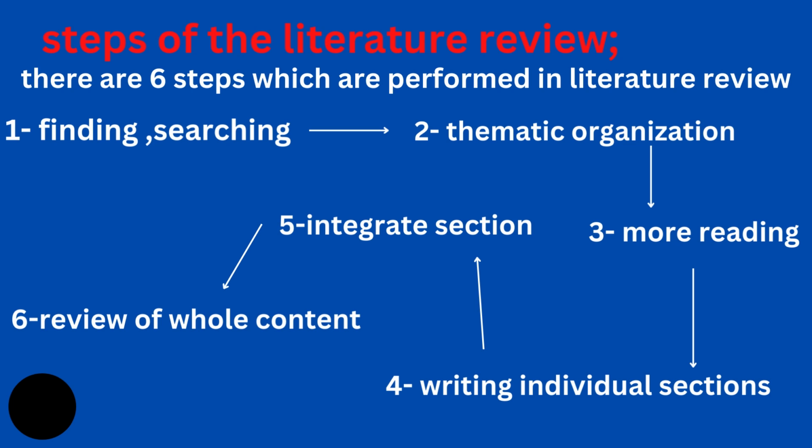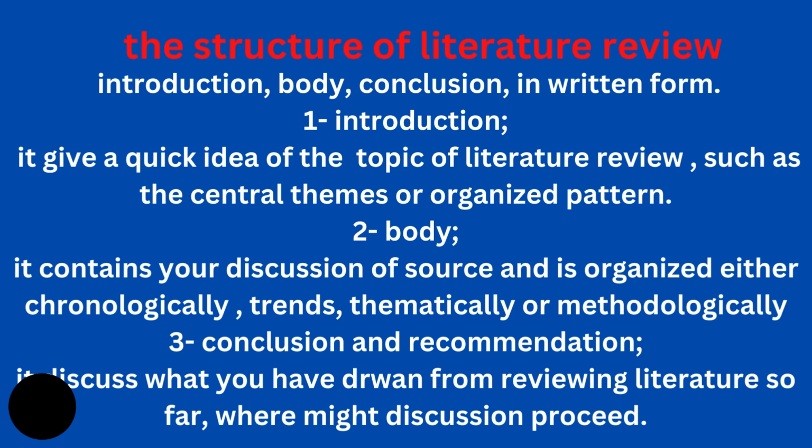The things become the codes, and the codes become the concepts, the major concept and the sub concepts, and then we write the sections, the integrated section forms, and thus the review of the whole content has occurred.